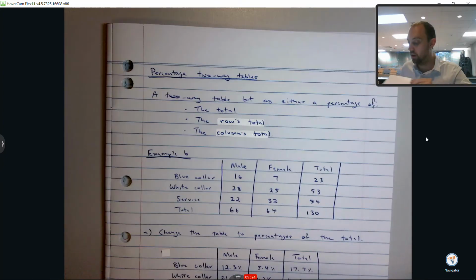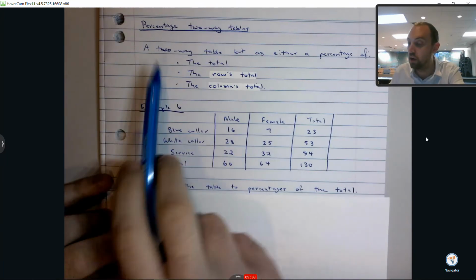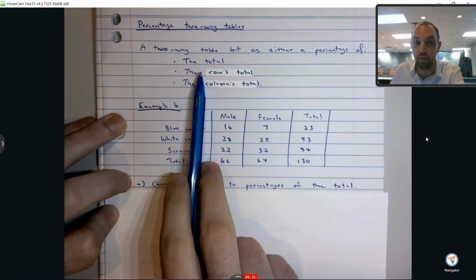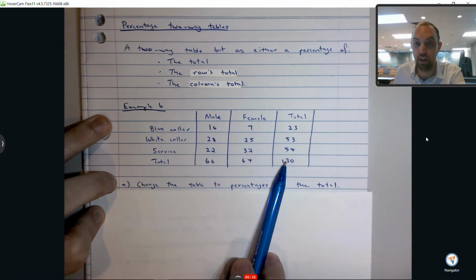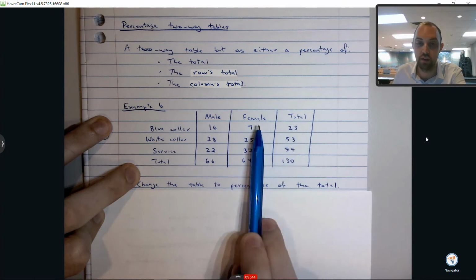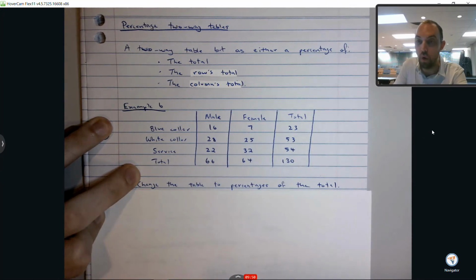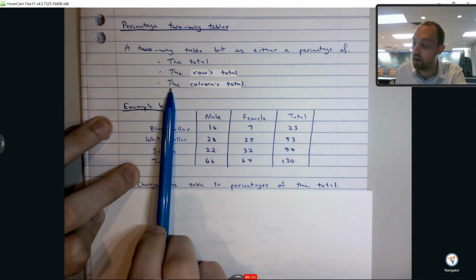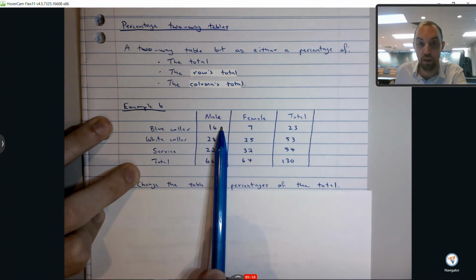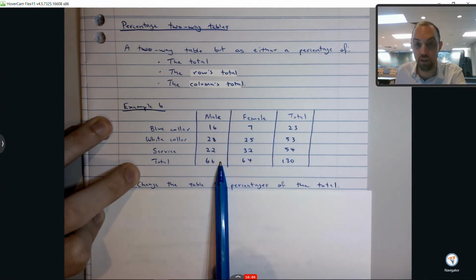Now, the last thing that we're going to do is looking at percentage two-way tables. A two-way table can show either a percentage of the total, or the row's total, so we might do 16 out of 23 and then 7 out of 23, so each row would be 100%, or we could look at a percentage of the column's total, so out of the number of males, 16 out of 66, or 28 out of 66, or 22 out of 66.